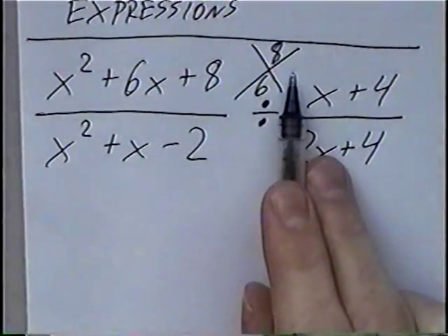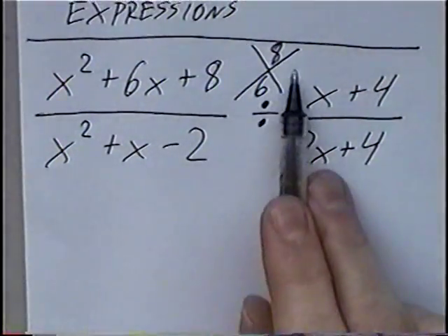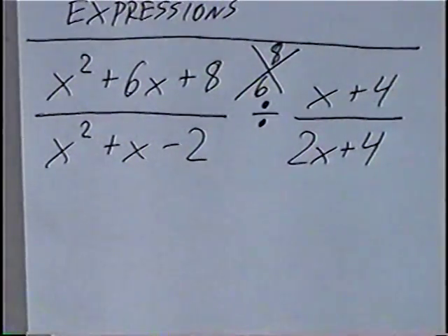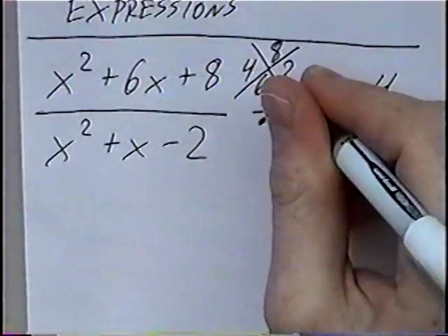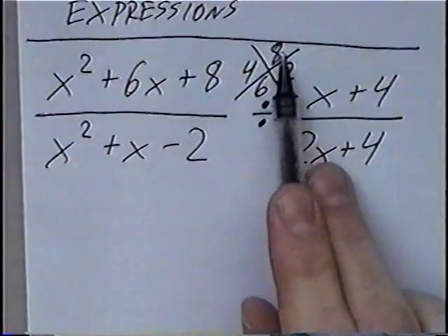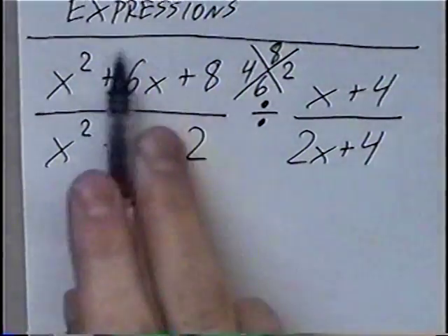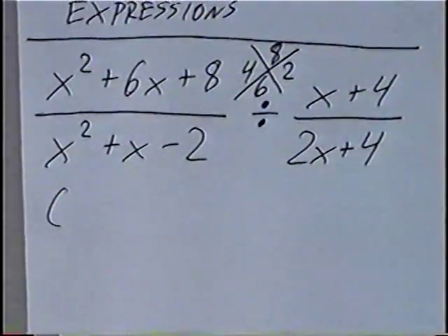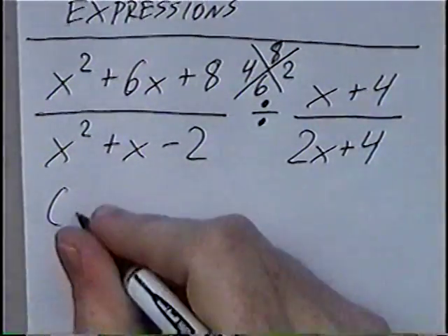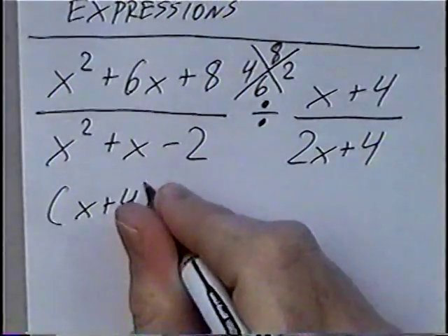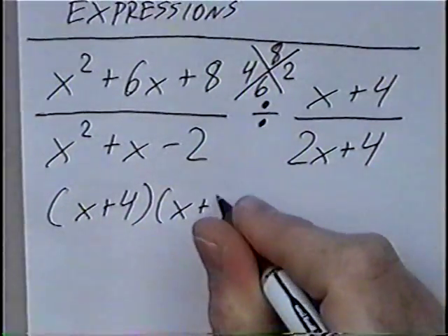And again, two numbers that we want to multiply to get 8, and those same two numbers add to get 6. Those numbers would be 4 and 2. 4 times 2 would be 8, and 4 plus 2 would be 6. So rewriting the numerator in factored form, the two numbers 4 and 2 will give x plus 4 and x plus 2.